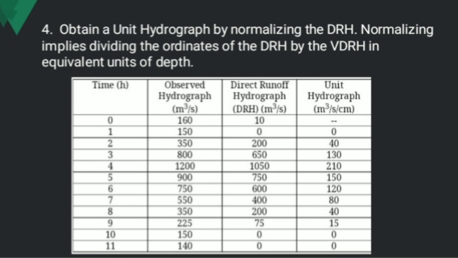Number 4. Obtain a unit hydrograph by normalizing the DRH. Normalizing implies dividing the ordinates of the DRH by the VDRH in equivalent units of depth. So this is the table.